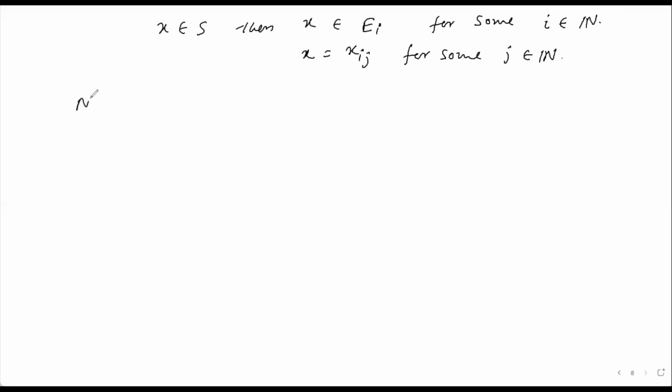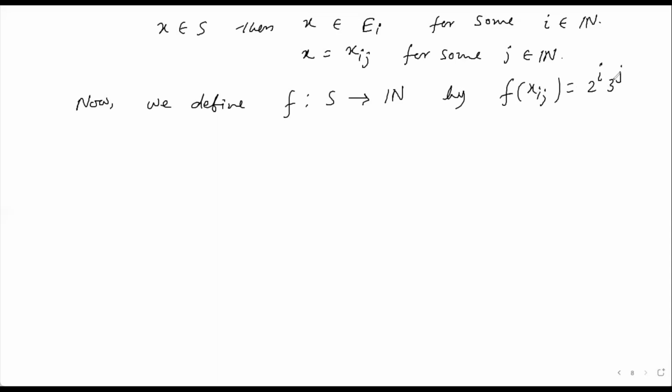Now we define f from S to the set of all naturals by f of xij equal to 2 to the power i times 3 to the power j. And it is easy to see that this function f is injective.